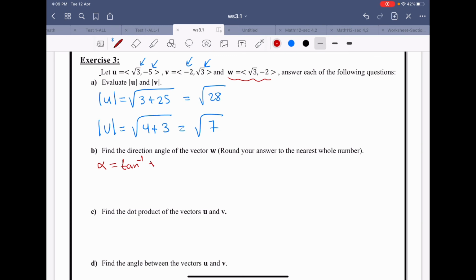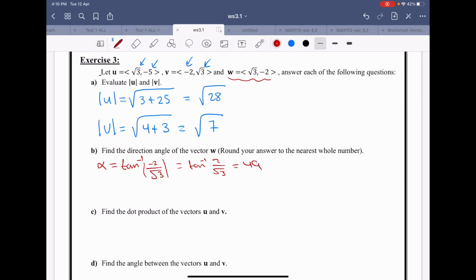So it would be negative 2 over root 3, under the absolute value. So this would be tan inverse of 2 over root 3, or tan inverse of 1.154. If you calculate this and round it, the answer would be 49.